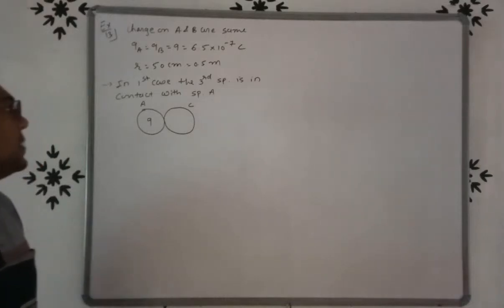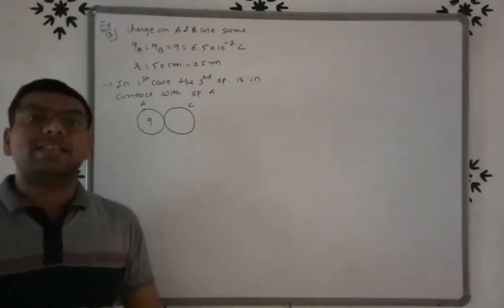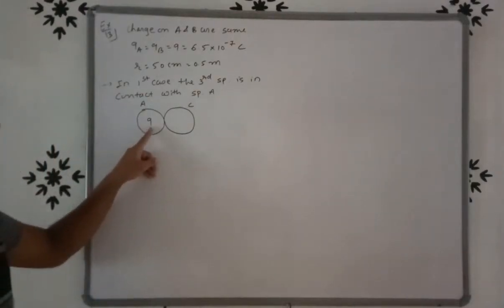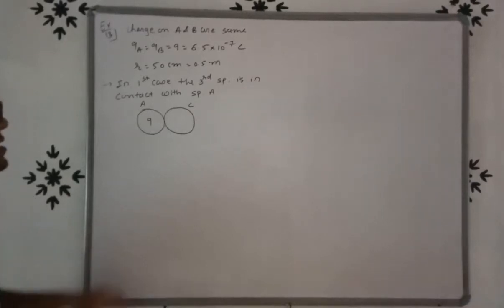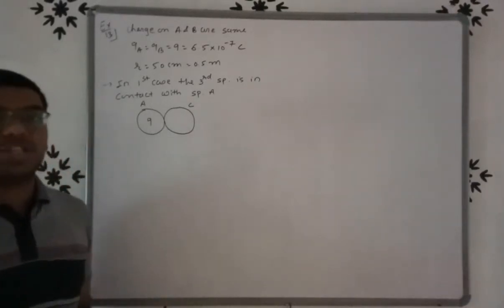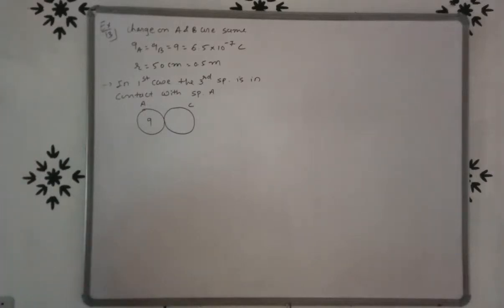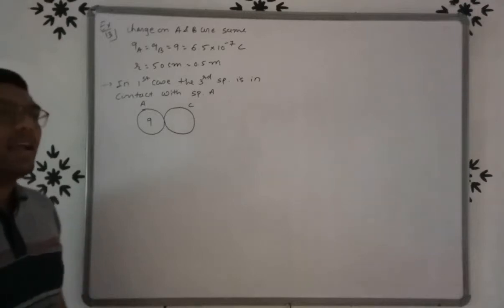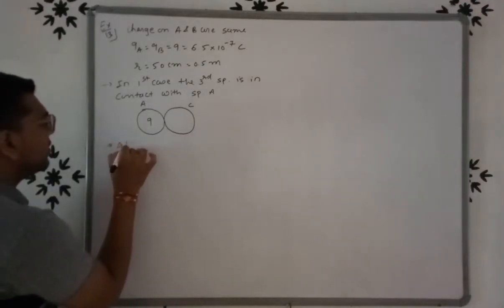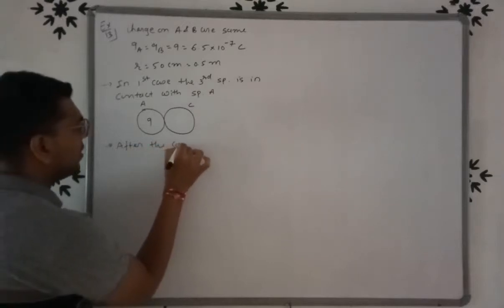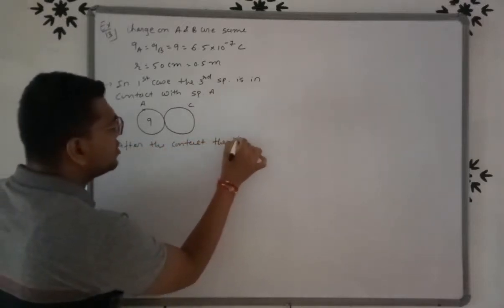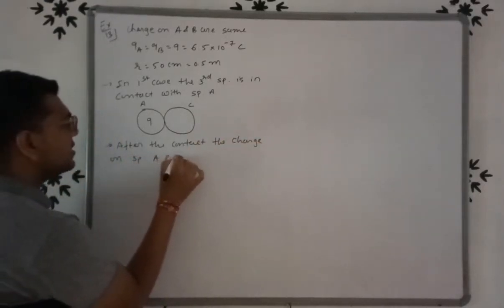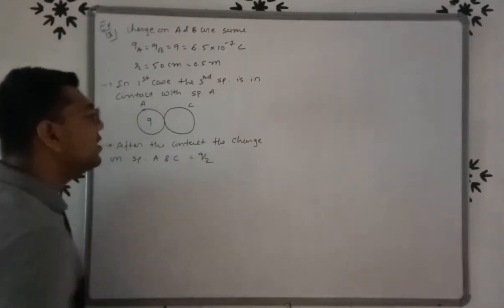Now when spheres A and C are in contact with each other, the total charge is distributed equally. The total charge is Q, distributed equally between these two spheres. So after the contact, the charge on each of spheres A and C is Q by 2.